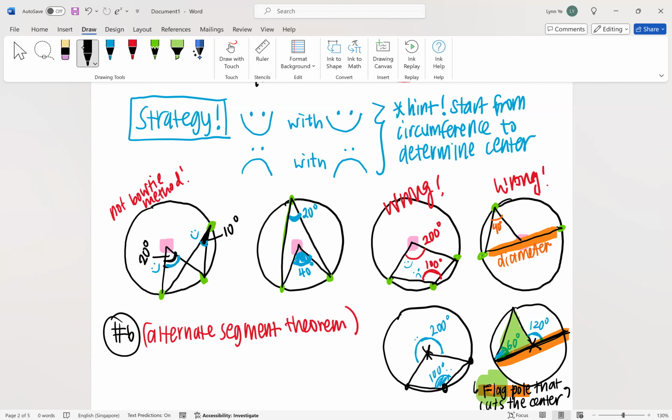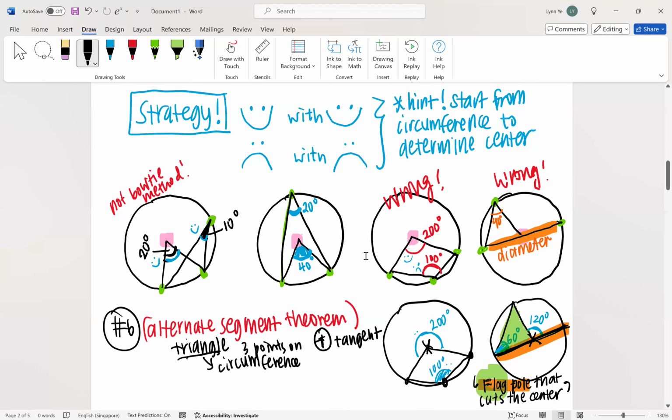An alternate segment theorem involves a triangle. The triangle must all touch the circumference. All 3 points of the triangle are on the circumference, plus you need a tangent. Okay, Hong Yun? So what does that mean?